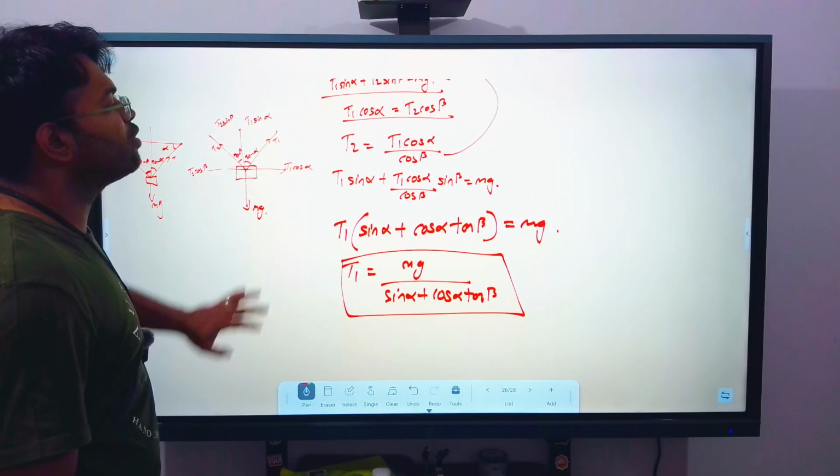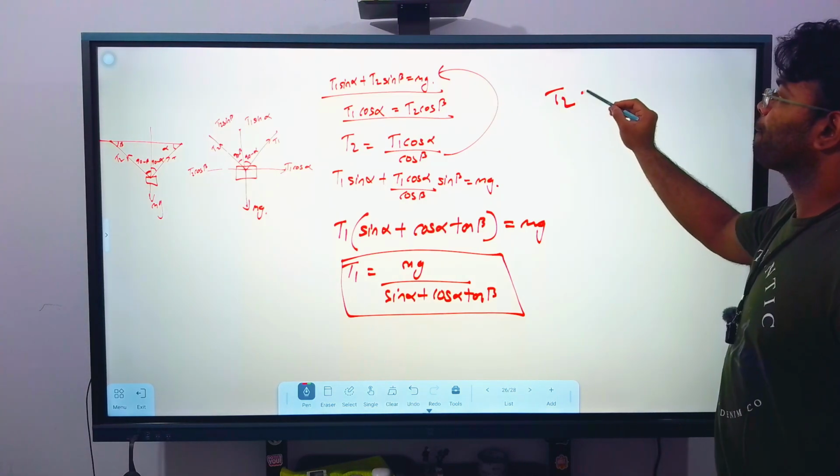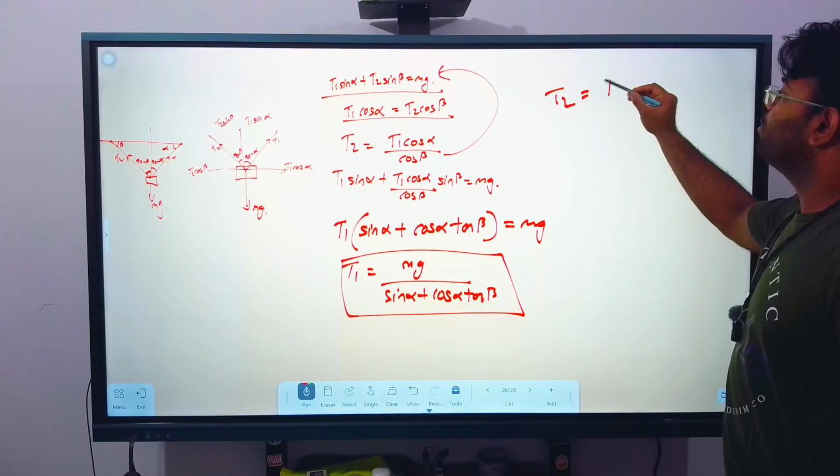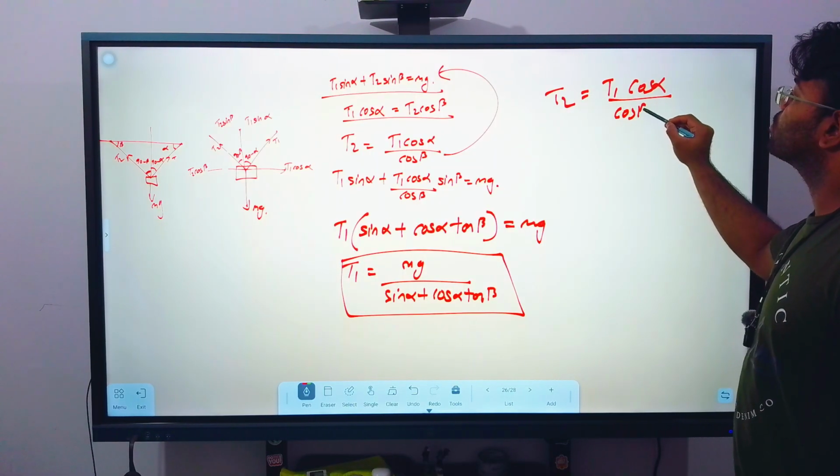So T2 becomes equal to what? T2 is T1 cos alpha upon cos beta.